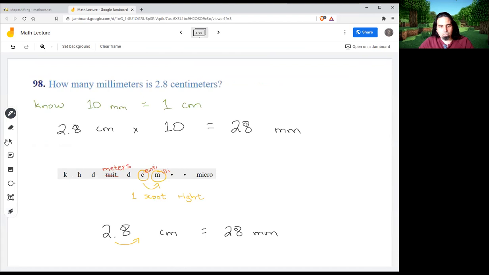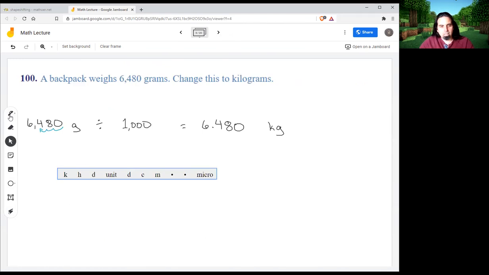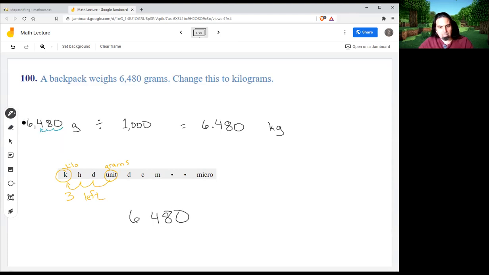Or if you didn't live in the US, then you would be used to the shortcut, and you can just say, hey, I was going from grams, my plain unit, to kilograms. So that's 1, 2, 3 to the left. So I will take my 6,480 and go 1, 2, 3 to the left and be done.